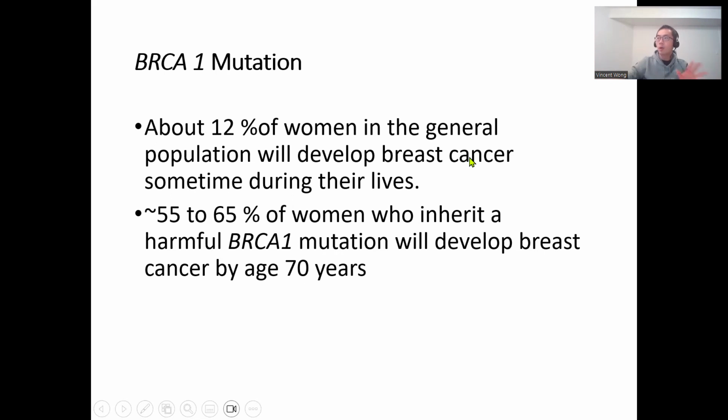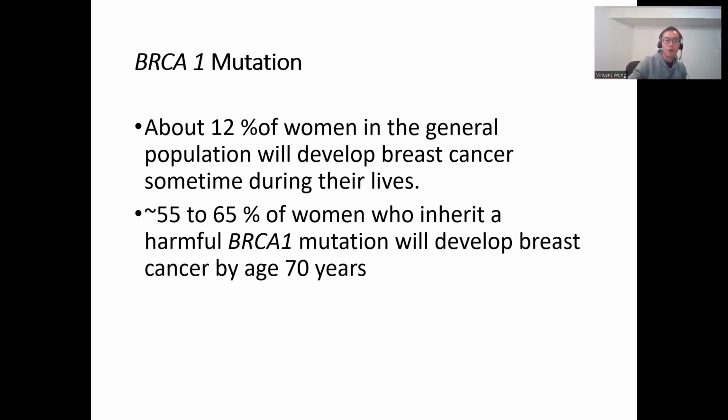So in the general public, how likely is it for women to get breast cancer? Well, in the general public, there's only a 12% chance of getting breast cancer sometime in their lives.